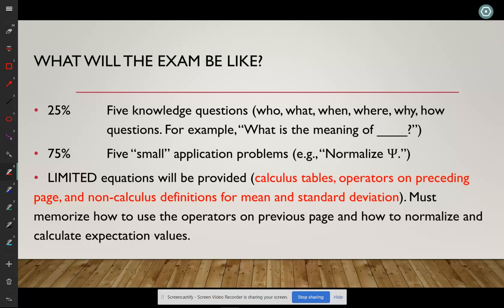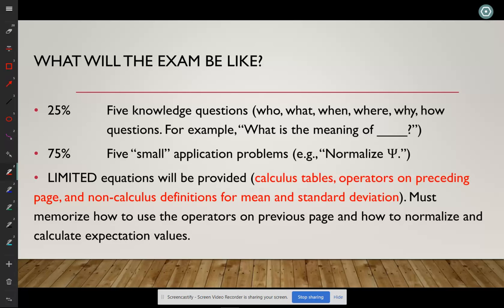Or, how can you tell if a function is a function of an operator? And then 75% would be small calculations, things like normalize this or find the expectation value of that. Things that will require calculation, there won't be the big, long, drawn-out problems. There'll be basically pieces so that you have time to do it. So yeah, I guess I have 5 and 5 of each.